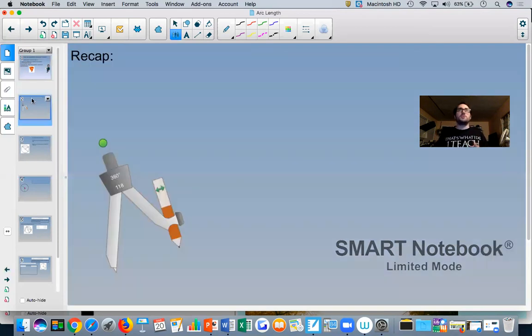So the first thing I want to do is kind of recap a couple of really key important things before we move on. A circle is created by the following. Let me show you how this works. Let's say I have a point, right? Every circle has a center. You can call it whatever you want. Typically, you'll see it as center C or center O. I'm going to call it O for today, okay?